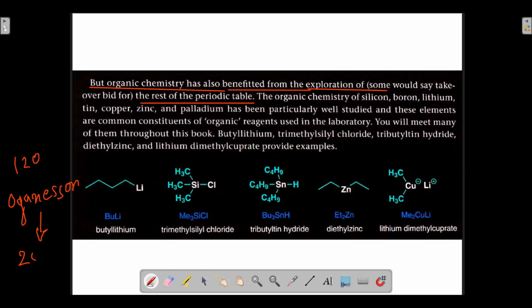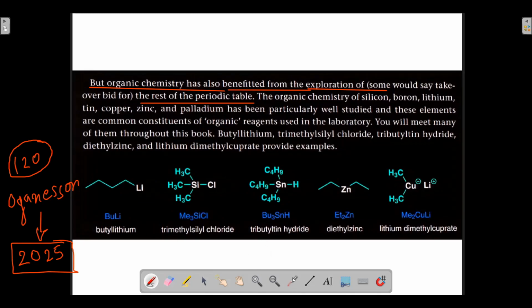If this video is being viewed in a future year, there might be one or two more elements discovered after Oganesson. But right now, elements up to atomic number 120 have been discovered, and none after that as of 2025.